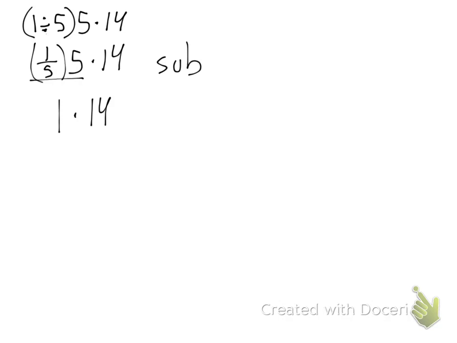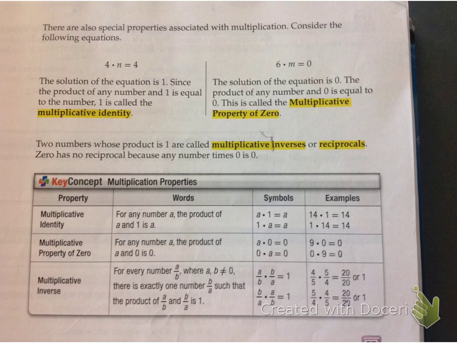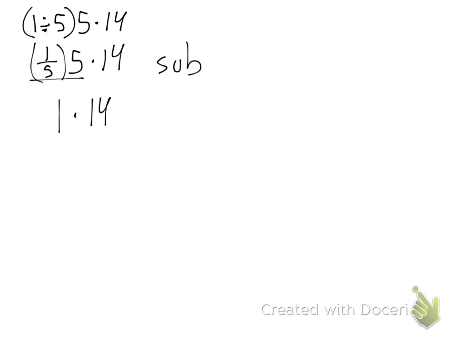And then the reason, going back here, is it's not those, it's these ones. It's the multiplicative inverse. That's what you would have to write because they're inverses of each other, multiplication inverses. That's the reason why.